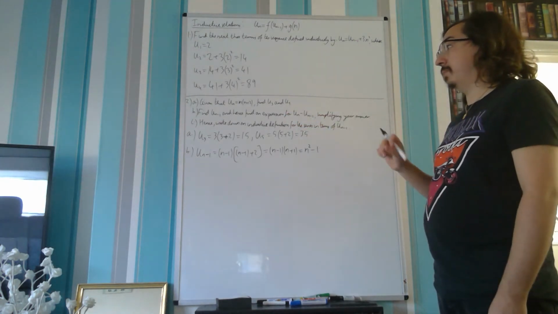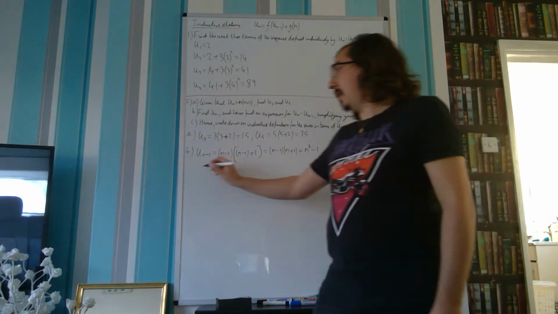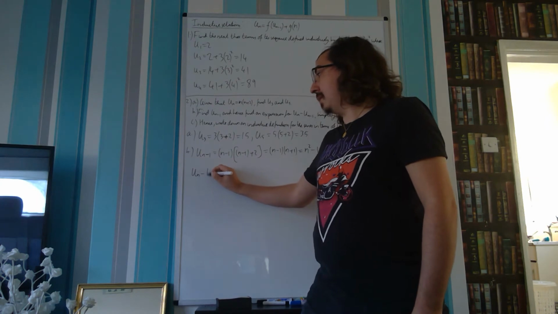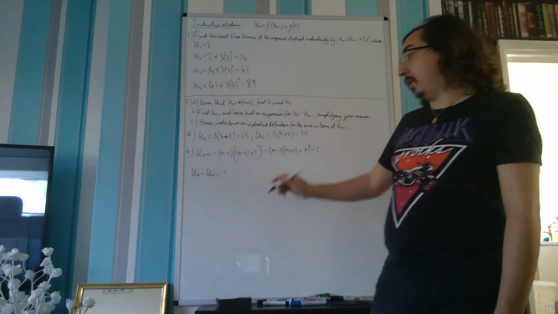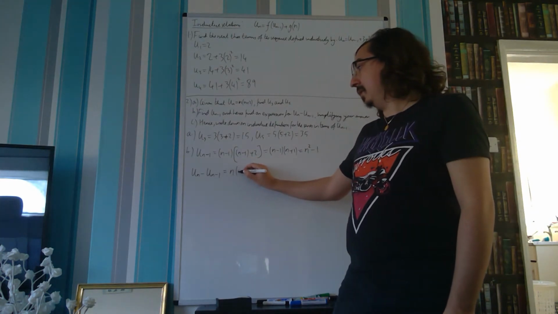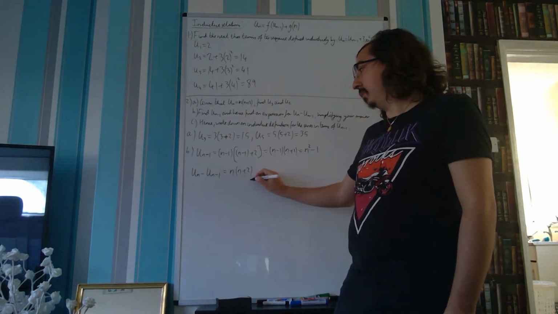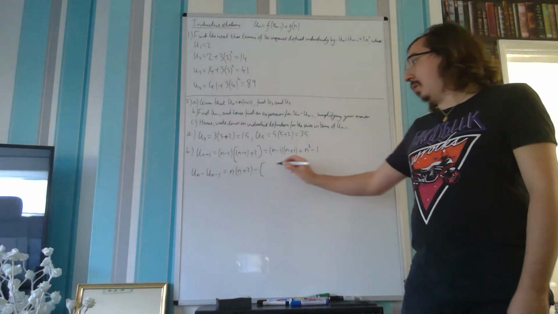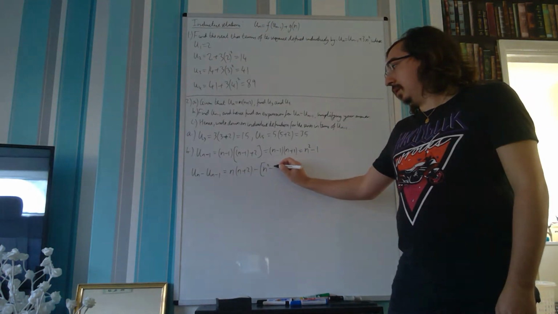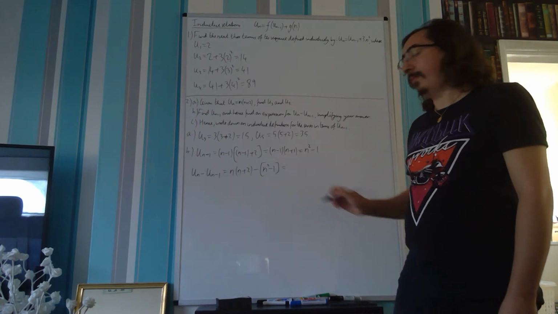Moving on to the second part of B, we now want an expression for un minus un minus 1. Well, our expression for un is n times n plus 2 minus, and our expression for un minus 1 is n squared minus 1.